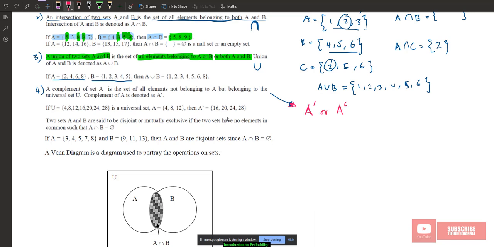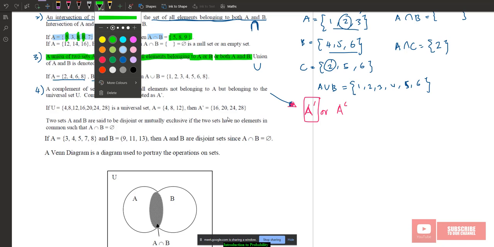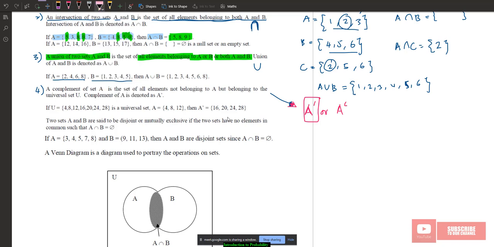Either symbol works. But in my class, I would like you to use A prime to indicate the complement of set A. A complement of set A is the set of all elements that do not belong to A but belong in the universal set U. The complement of A is denoted as A prime. So we use A prime.